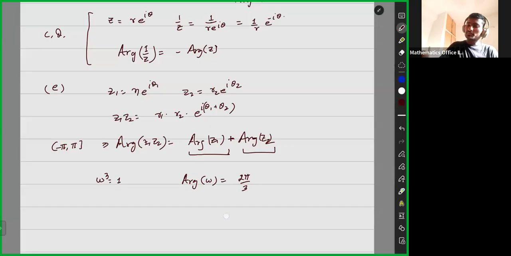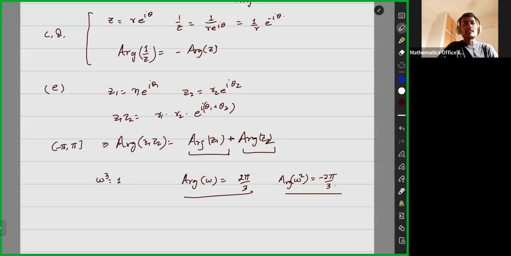Then argument of omega square is equal to minus 2 pi by 3. But if you sum this twice, it becomes 4 pi by 3, and here it becomes minus 2 pi by 3, right? Both are equal. I am saying as a complex number, they are equal. But as a codomain of this function, argument, this should land inside this interval, no?